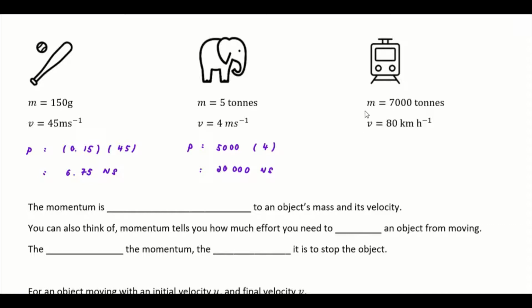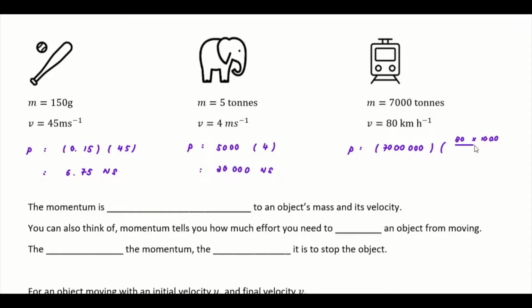How about this train? The mass is 7,000, and then we need to multiply by 1,000. Then how are we going to change this velocity to meters per second? This is in km per hour, so from km to meter is 1,000.